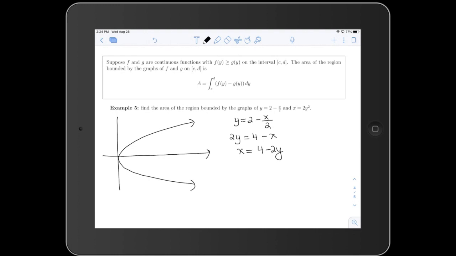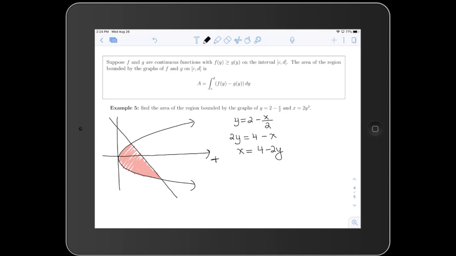Okay, and this function will look something like this. So we want to find the area of this piece right here. Now, how do we think about functions top and bottom?